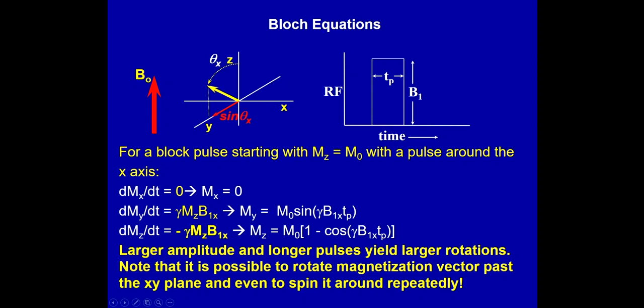The optimum signal you can get for one experiment is to rotate it 90 degrees. If you apply more B1 than that, you will rotate out of the XY plane and get less signal. If you rotate yet more, you can rotate the magnetization all the way to the negative Y-axis and gain signal again, and so on. You can actually spin the signal around and around. There are some experiments where we do that, but it's unusual.